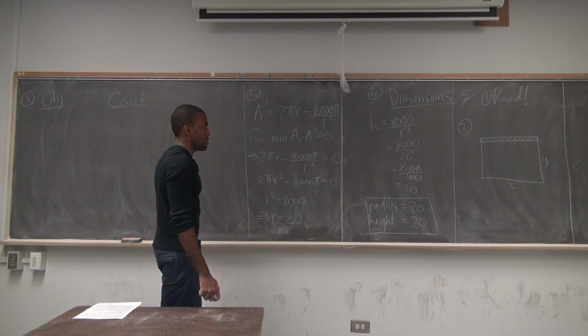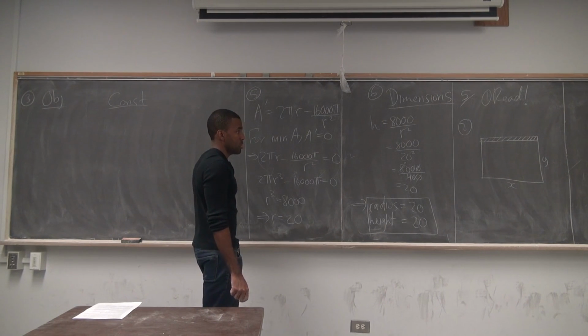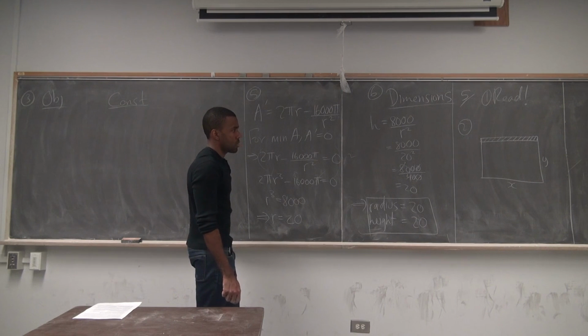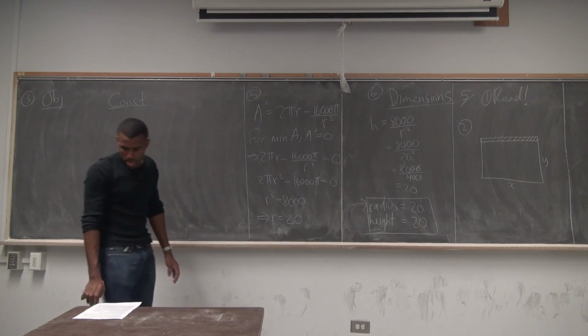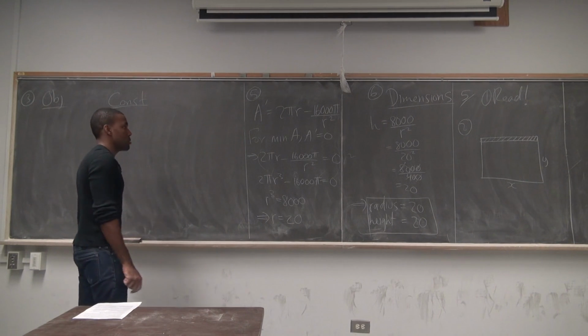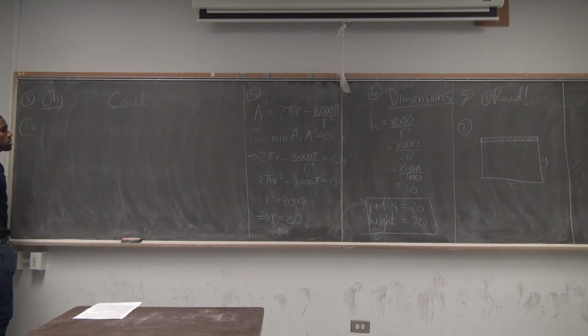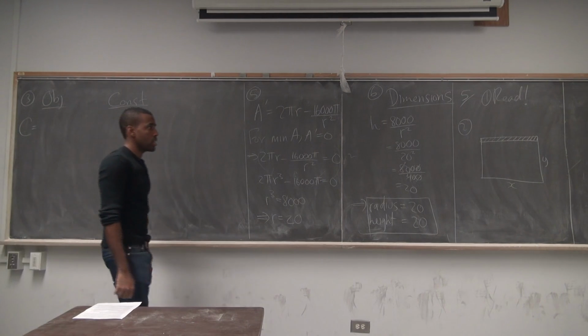Remember how to figure out your objective: you figure out what you want to maximize or minimize. What do you want to minimize? You want to minimize cost, which means our objective function is going to be a cost function. How do I find the cost function for this?